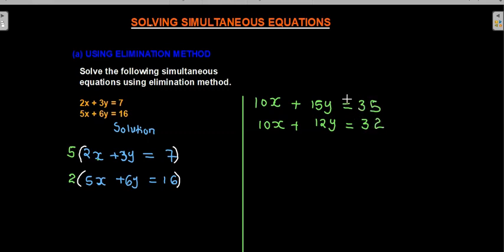Now after we've done this, you can see that we have 10x and 10x. If we subtract the two equations, this will be 0. So we have eliminated x.